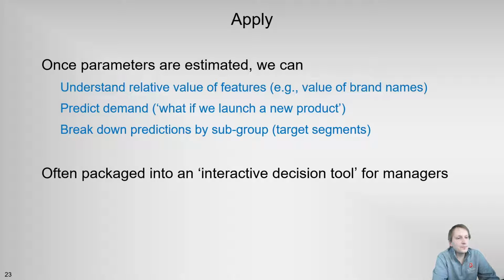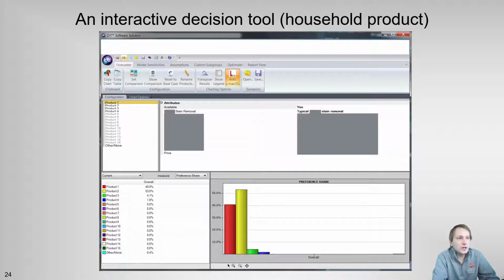And so basically this prediction model is often packaged into a decision tool that managers then can use to play around with it and see if their new product ideas would actually catch on. So this is a screenshot from an interactive decision tool. And so basically you can go into this decision tool. There's a configuration tab here. It says product 1, 2, 3, and so on.